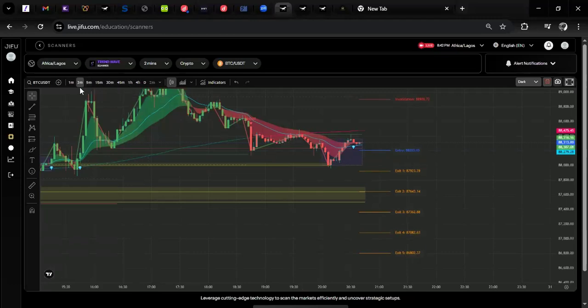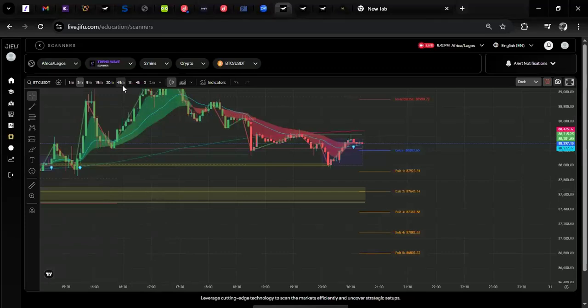These four time frames are very, very essential and important because you need to make sure that they are giving you the same directional bias. When I say the same directional bias, I mean they are asking you to go in the same direction, the same signal.